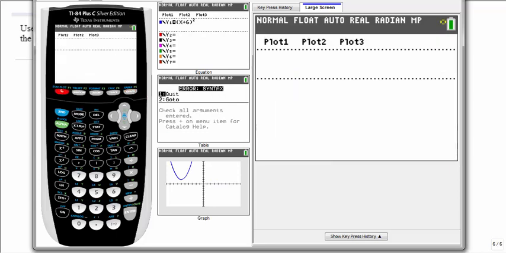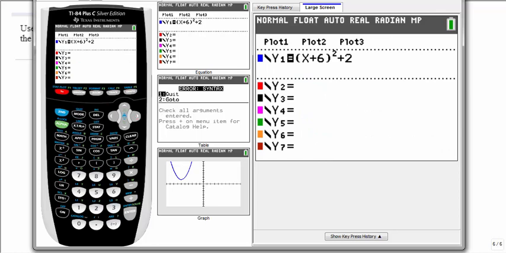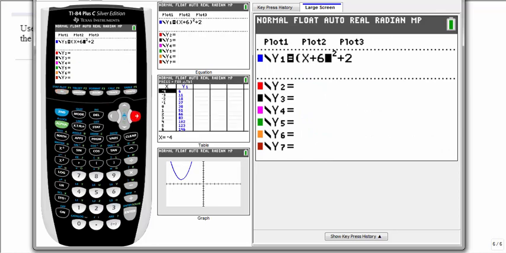Oh, that's not the right graph. This is x plus 6 quantity cubed. I put squared up here. So let's get a cube up here. That'll make a difference. I'll change that to a cube. Now this will look better.